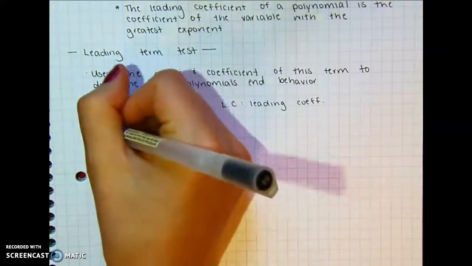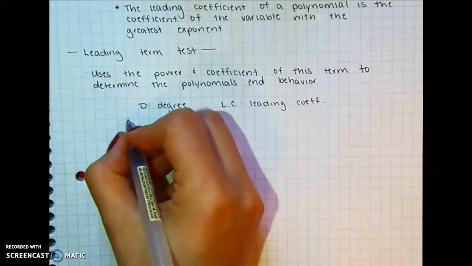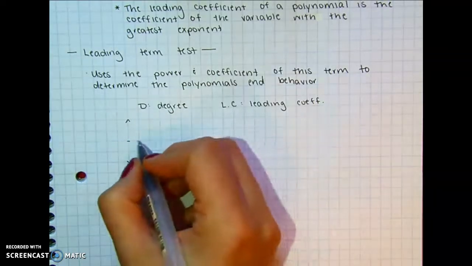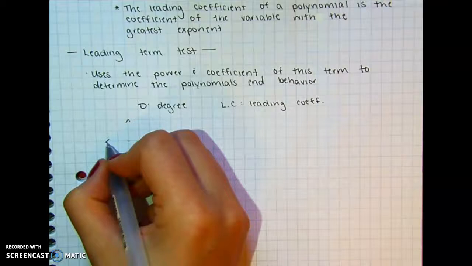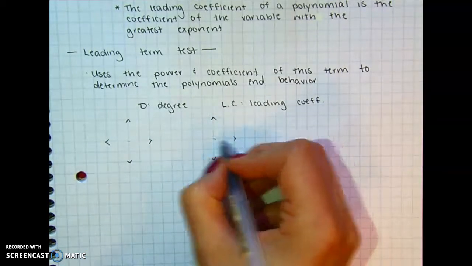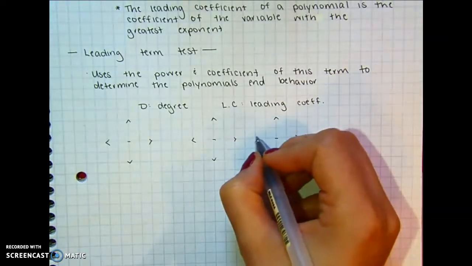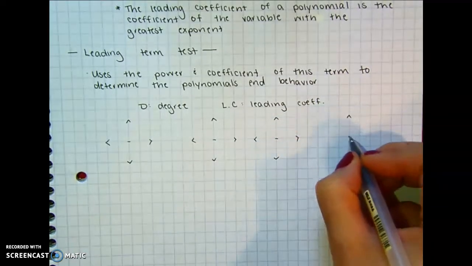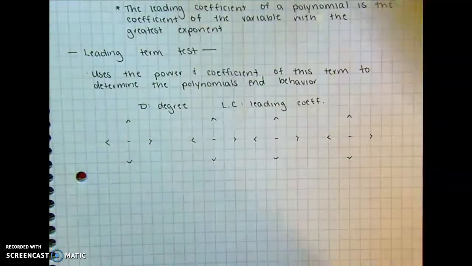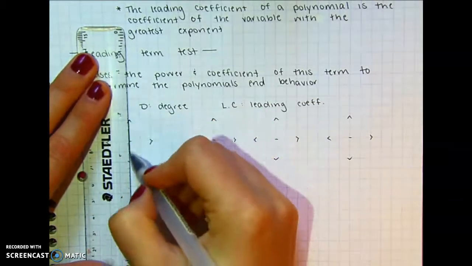So for end behavior, I'm going to do each scenario on a graph. And the idea is you won't have to graph these, you're just going to look at the degree and the leading coefficient. We'll just do a little sketch.